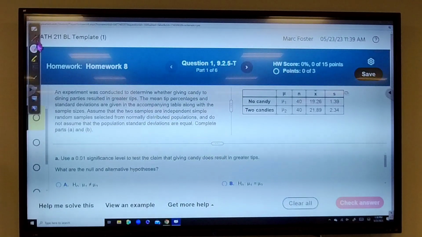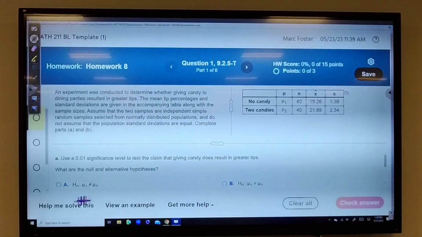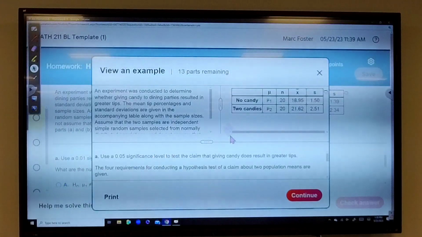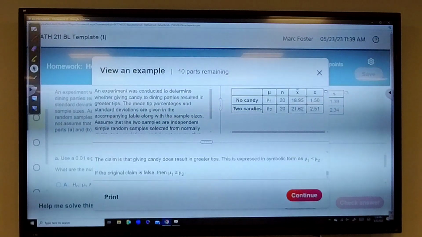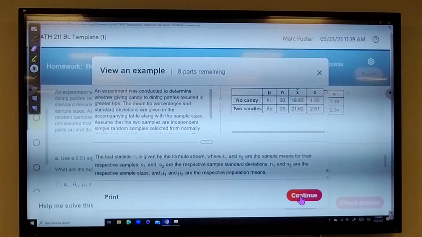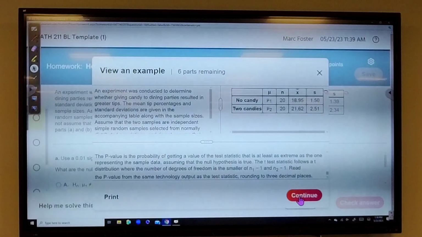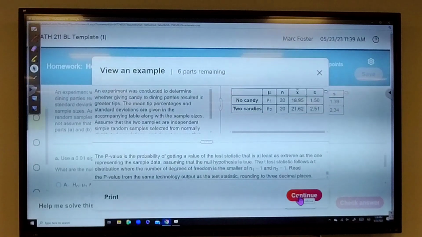If you went to the View an Example, what would they tell you in here? They'll be showing you the wrong stuff.